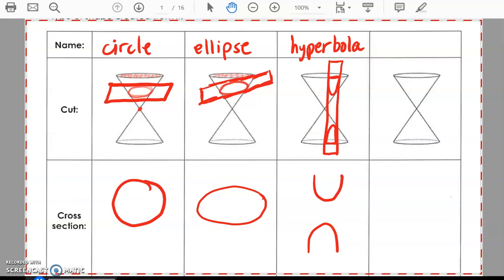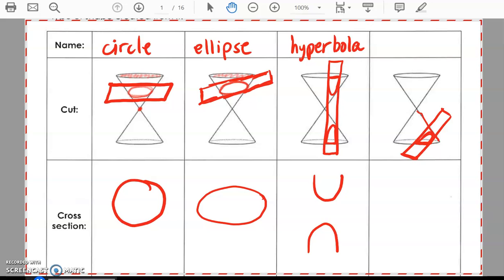And the last one is when you slice the cone on top or the bottom, and you hit one of the sides and also the base as well. If you look at the circle and the ellipse, the slicer is going from side to side, not hitting the base. So this one we're going to slice at an angle, and it's going to have a flat bottom, and then it's going to curve up like that.